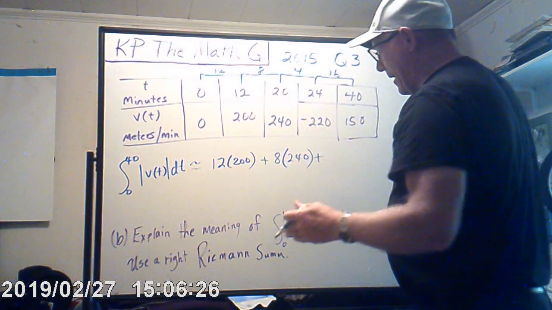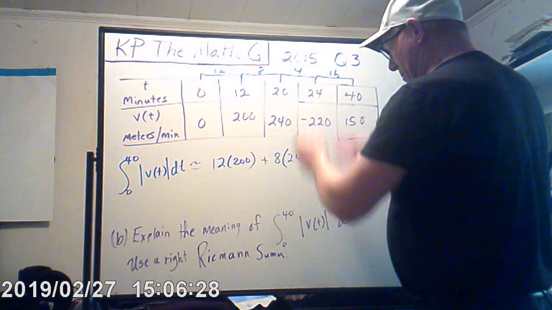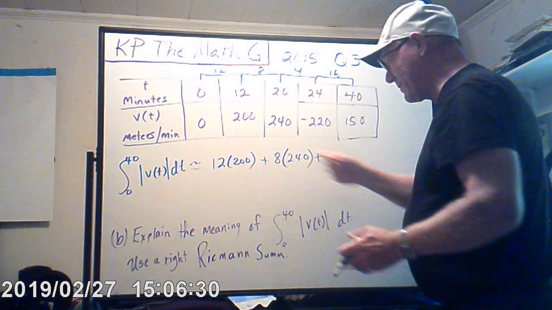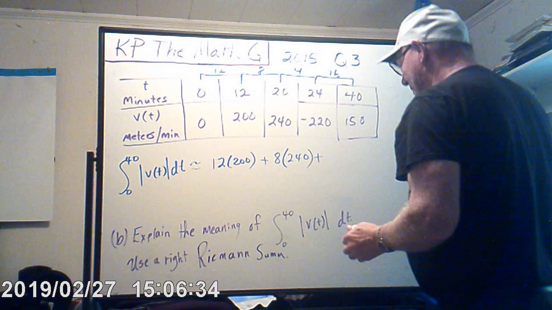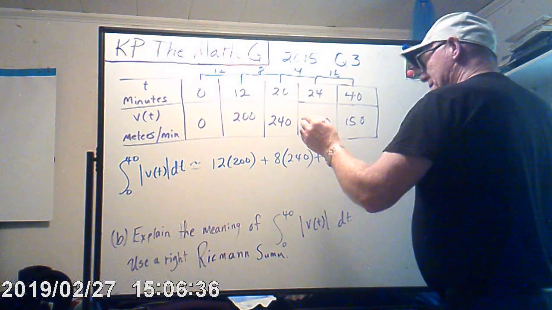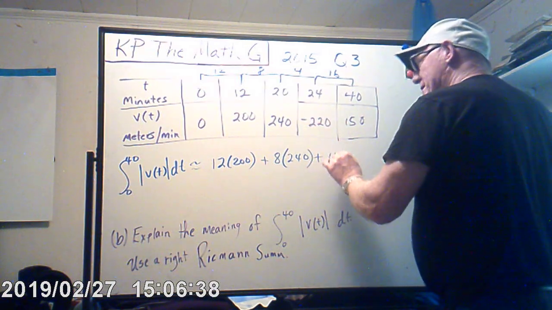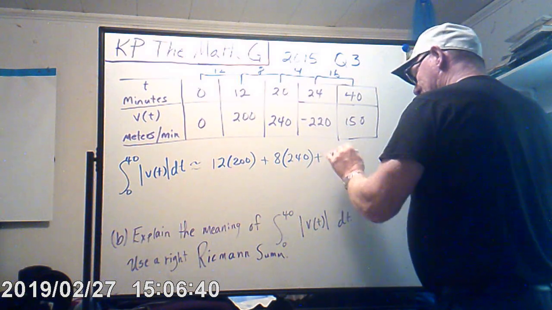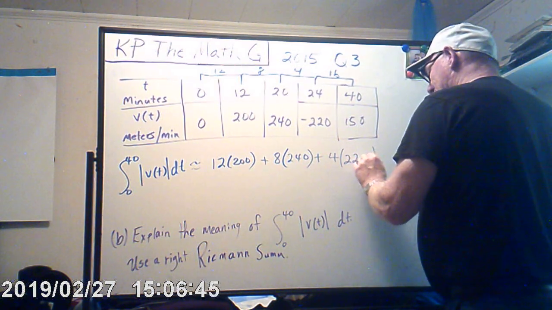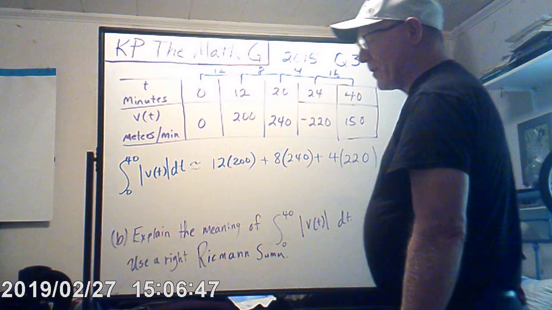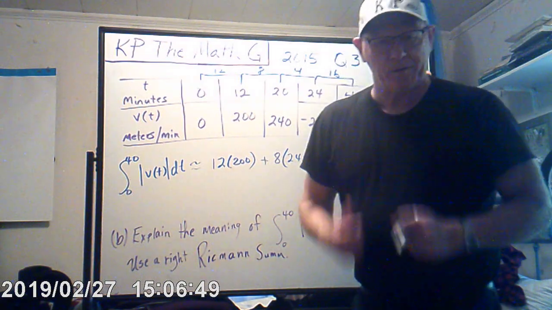Now, they put the absolute value bar around it. I'm taking the positive of it. The absolute value of positive is positive, so okay. And then I'm taking 4, in this case, the next number over, times, now, not negative 220. If you want displacement, you're going to do negative 220.